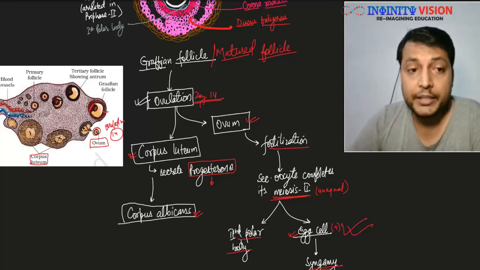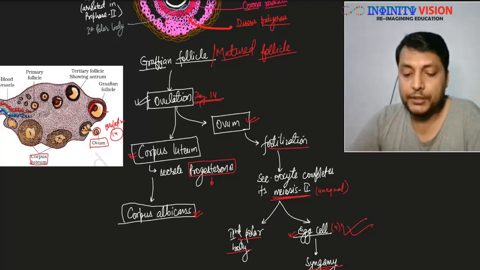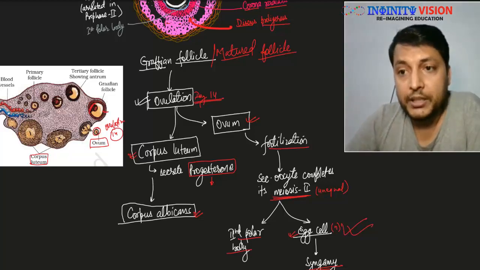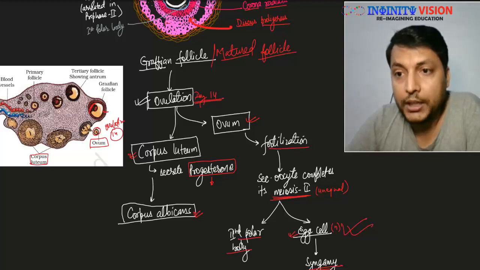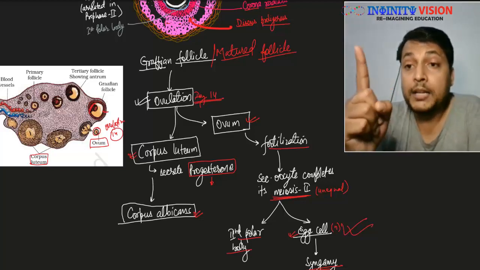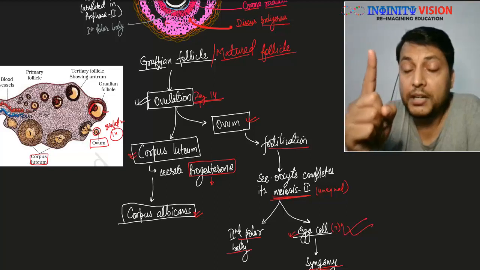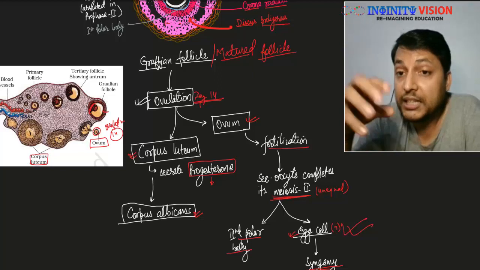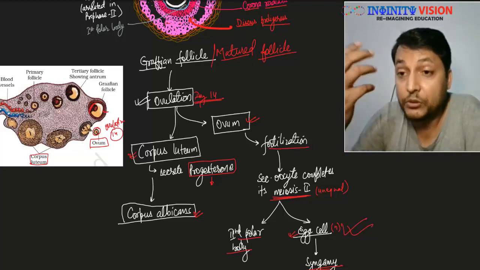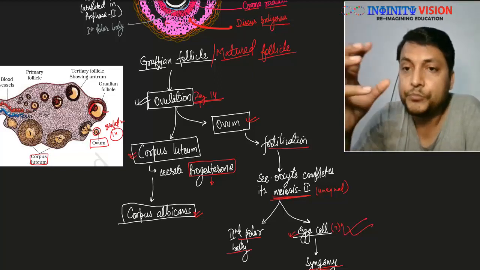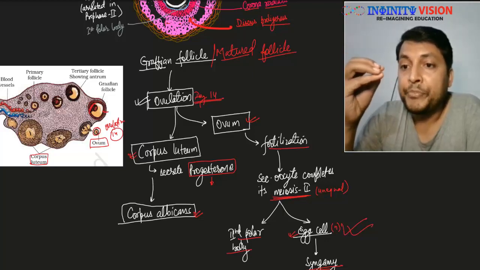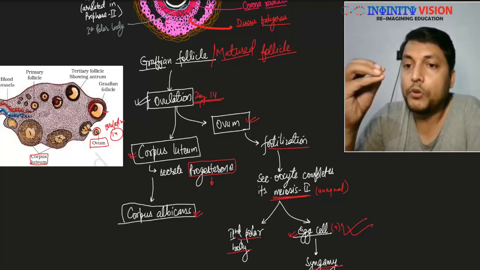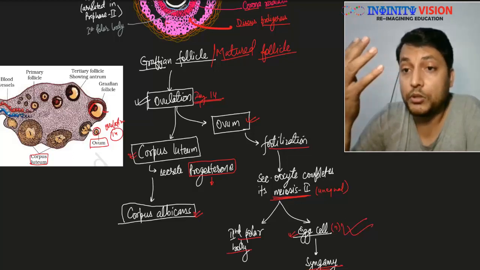Okay, great. Major difference here is from a single mother cell or from a single oogonium, only one functional female gamete, that is the egg cell, is formed. However, in case of spermatogenesis, from one primary spermatocyte there will be formation of 4 spermatozoa or sperm.